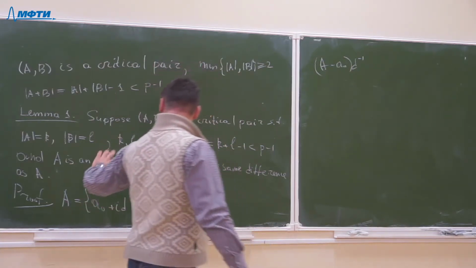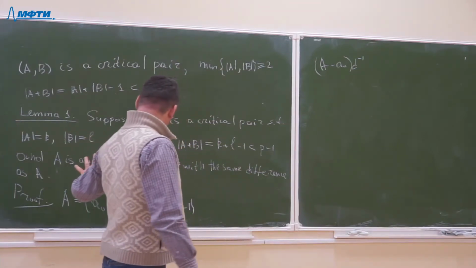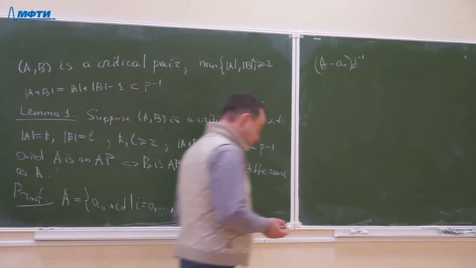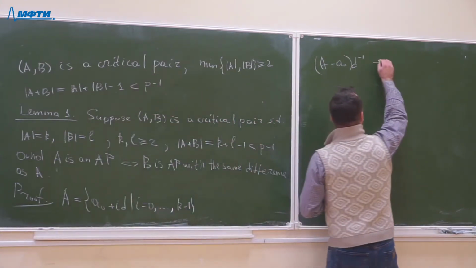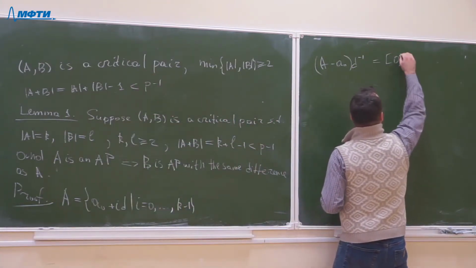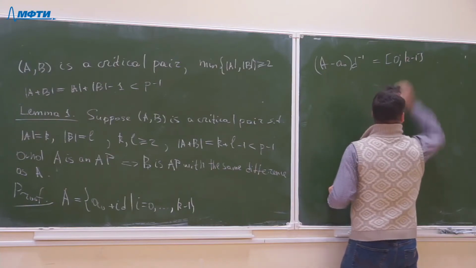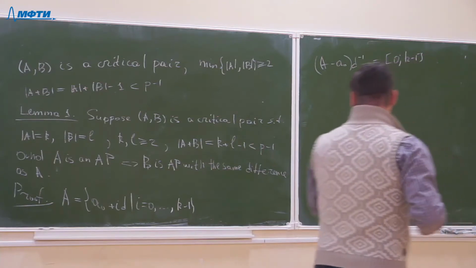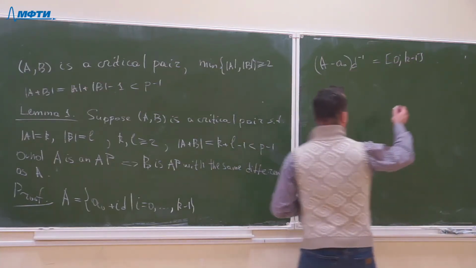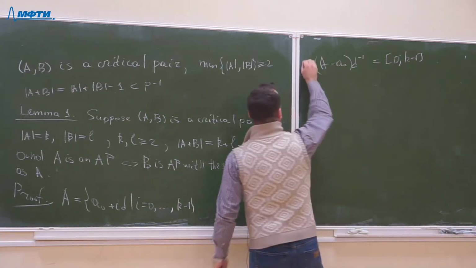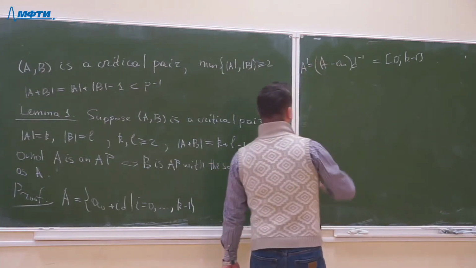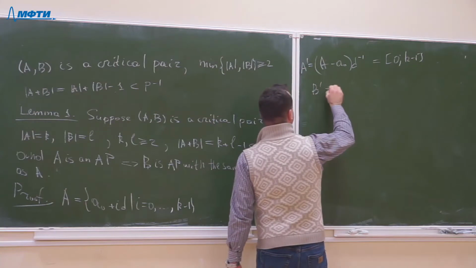We extract A0, multiply by the inverse, so we have the interval 0 to k minus 1. All numbers in the interval, right? Okay. Let's denote it A prime. B prime is B multiplied by d inverse.